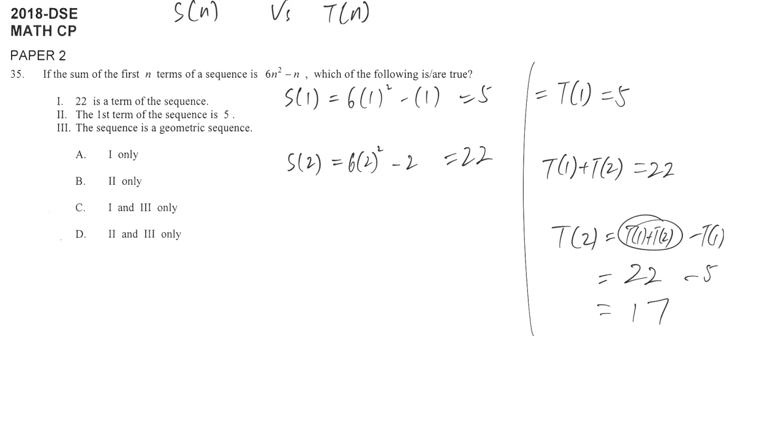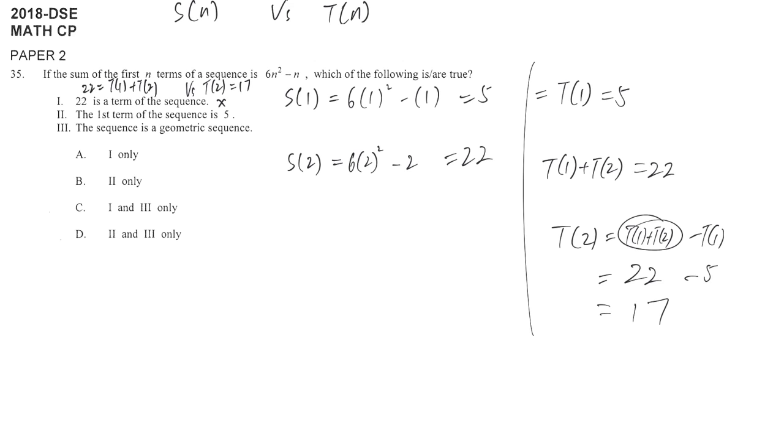So if we look at the first statement, 22 is a term of the sequence? Wrong. 22 is equal to the first term plus the second. And if we talk about the second term, it's just 17. So the first statement is wrong.